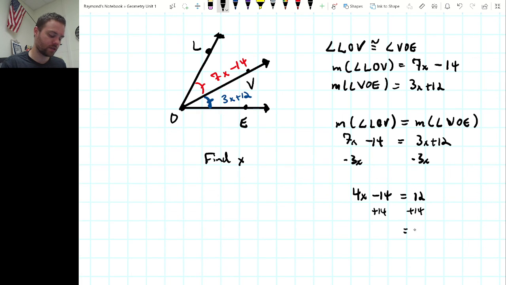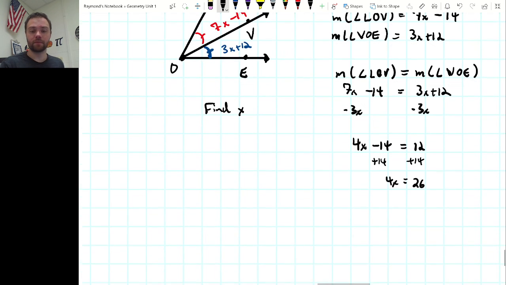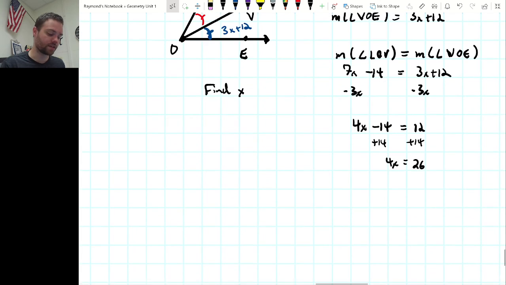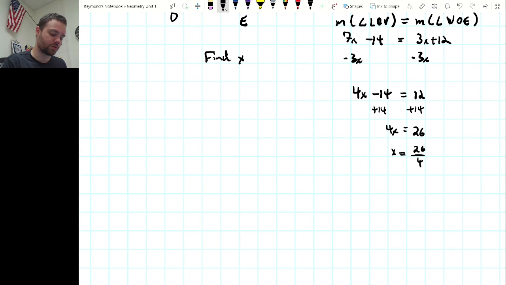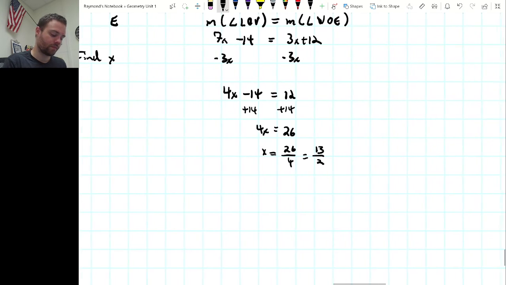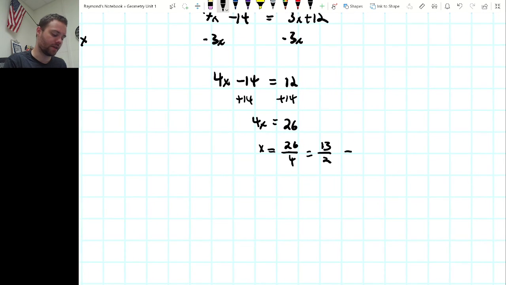So I get 26 equals 4x. And then I can divide both sides by 4, so x equals 26 over 4, which reduces to 13 over 2. And I can think about it as 6.5 units, or degrees.